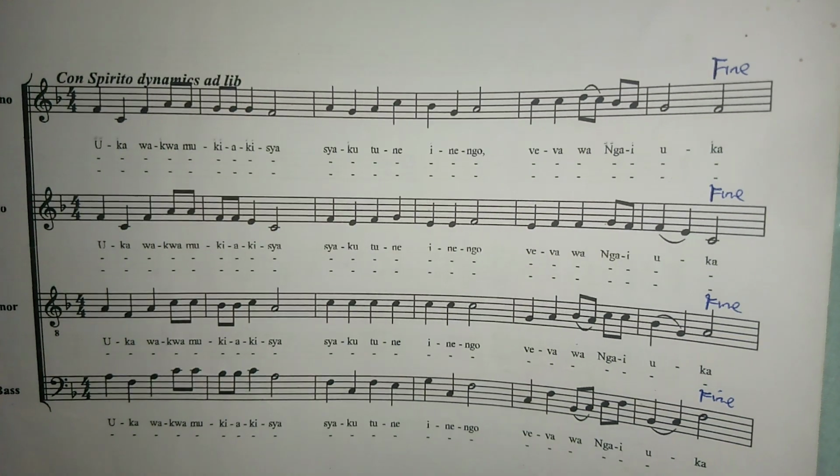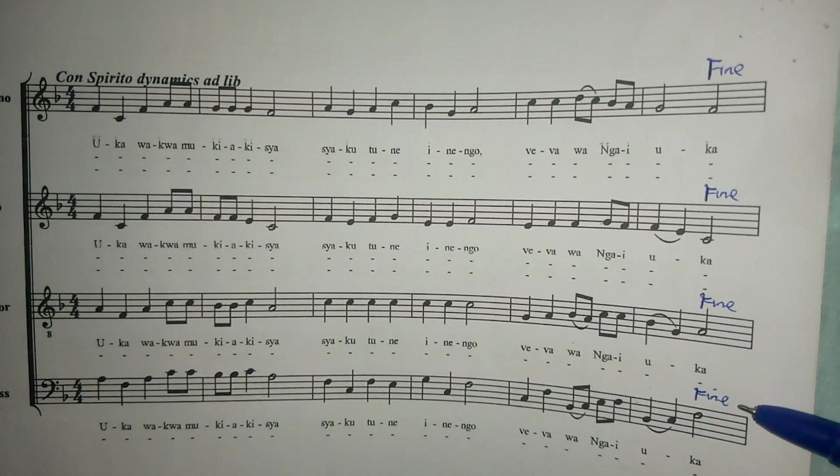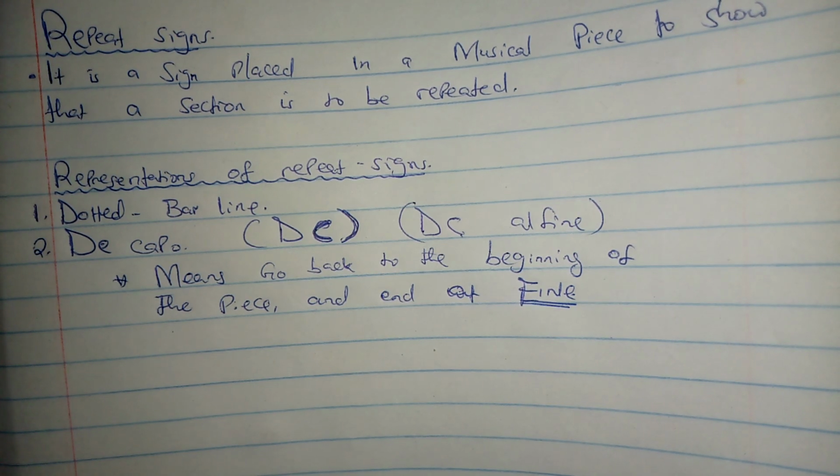So DC means we begin the music right from the beginning and end at the point where we have fine. So da capo means we go back to the beginning of the piece and end at fine.